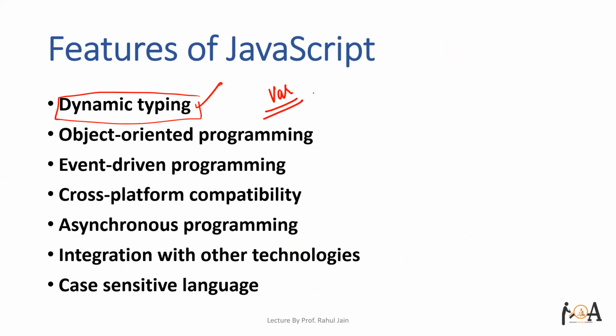By default, at runtime, the interpreter decides what type the variable is. That is called dynamic typing, and the other is called static typing. It means that there you have to define that a particular variable is an integer, a string, a character or a float, like that, right? But here it is not like that. So it is one of the important features, dynamic typing.